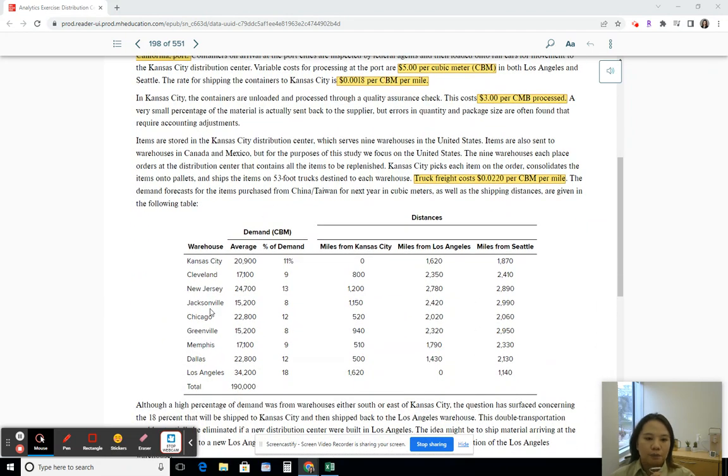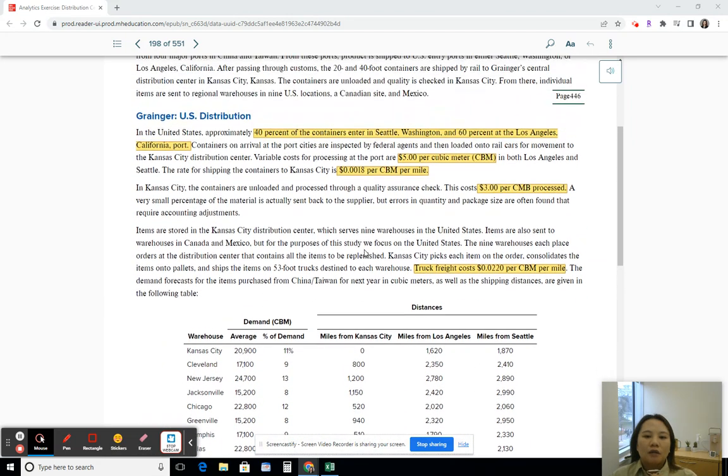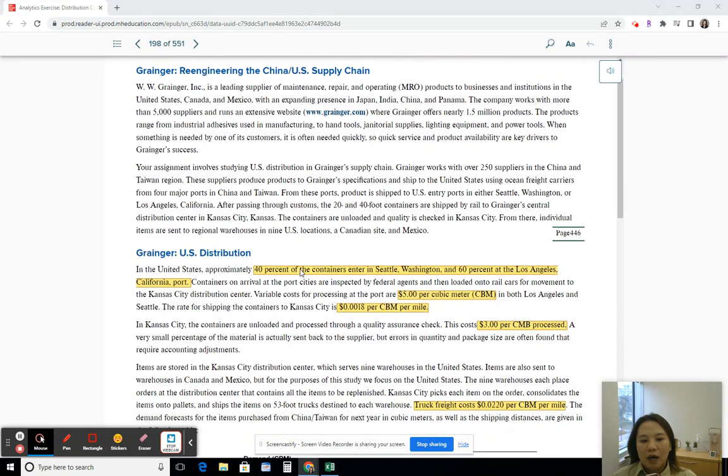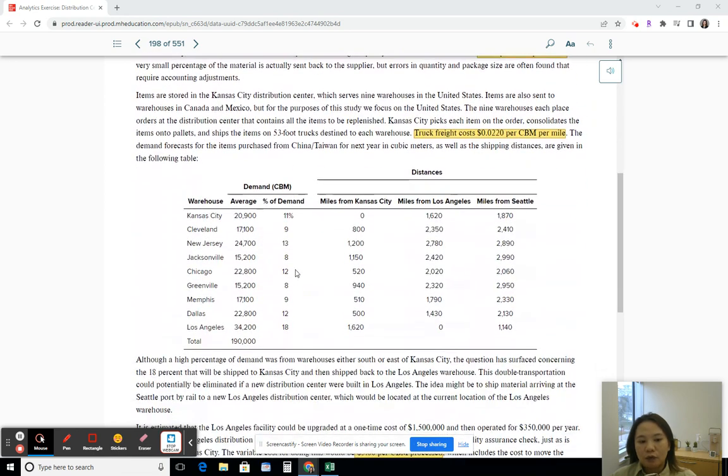And for these problems, currently Granger's only has one distribution center, which is in Kansas, but now they are considering upgrading the Los Angeles warehouse to include a distribution center.